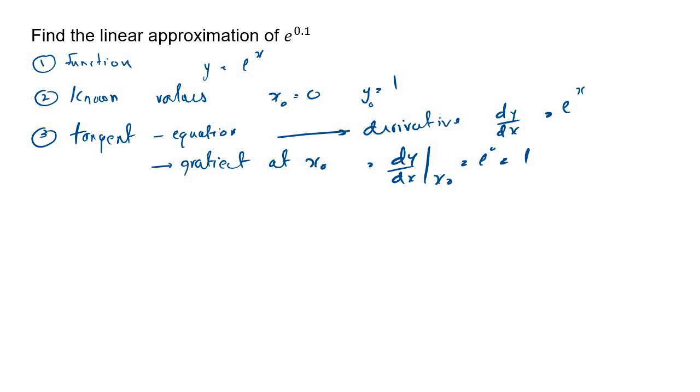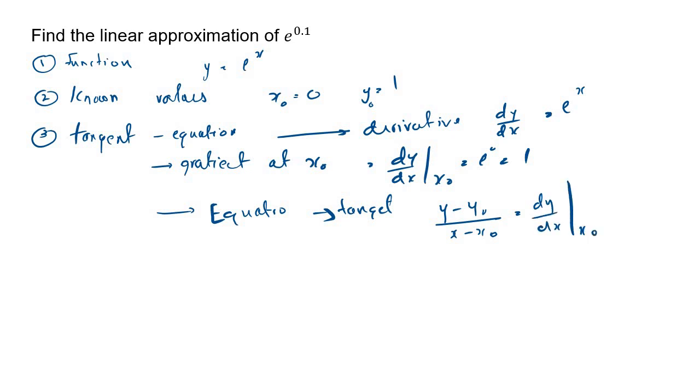Then we get the equation of the tangent. So the equation of the tangent is (y minus y0) over (x minus x0) is equal to dy over dx at x0.